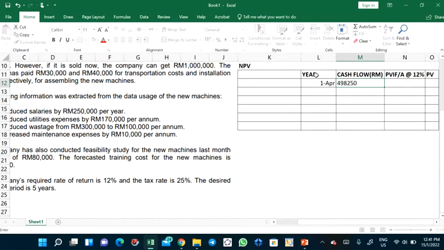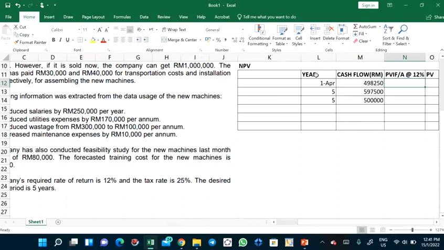Okay, after that kita ada year 5, and then based on differential cash flow as well, kita dapat 597500. And then jangan lupa kita ada terminal cash flow. So terminal cash flow tu akhir tahun lah kan. Year 5 juga kita akan incur 500,000. So by referring to the table PVIFA lah, sebab dia daripada year 1 until year 4.